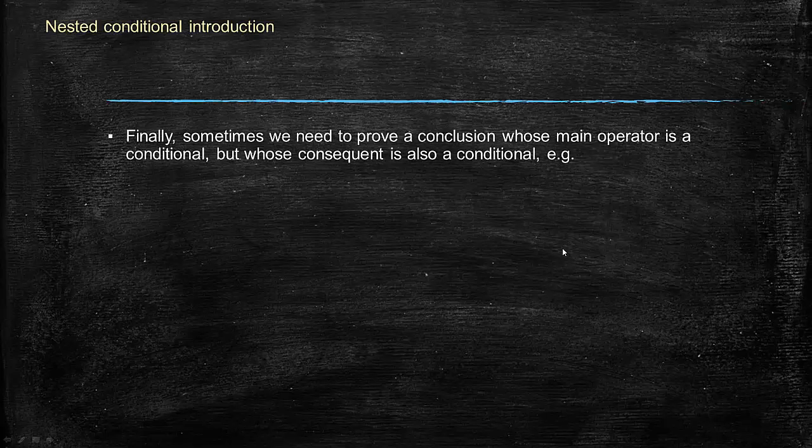So sometimes we need to prove a conclusion whose main operator is a conditional, but whose consequent is also a conditional. So for example, we could be asked to prove if Q then, if P then R or L, or we could even be asked to prove if Q then, if P then, if R then L.